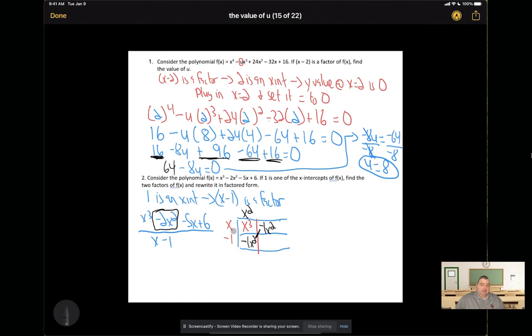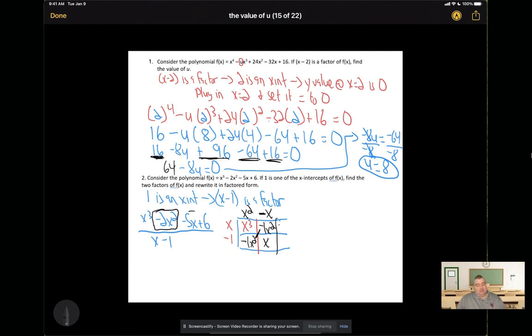So next column, x times what is negative 1x squared? This is going to be x times negative 1x. X times negative 1x is negative 1x squared. Negative 1 times negative x is going to be a positive x because that is a negative times a negative.